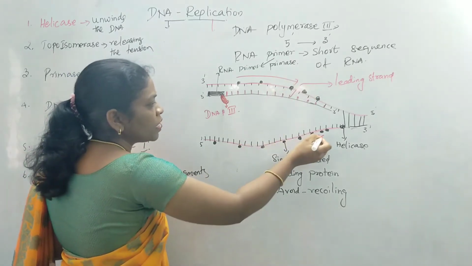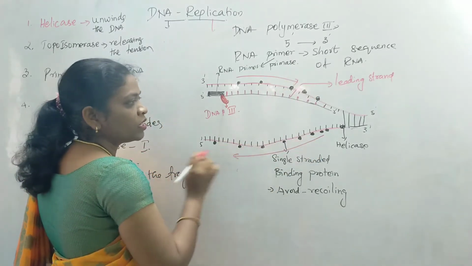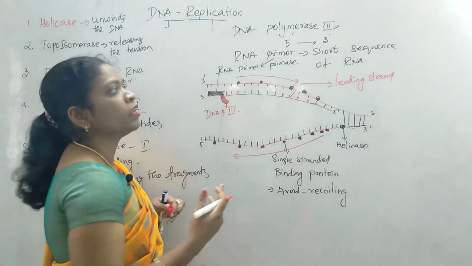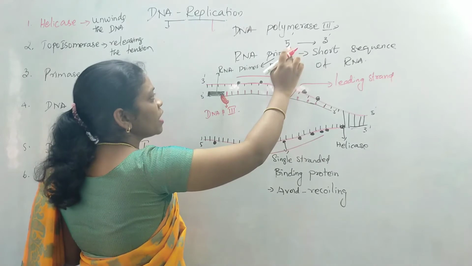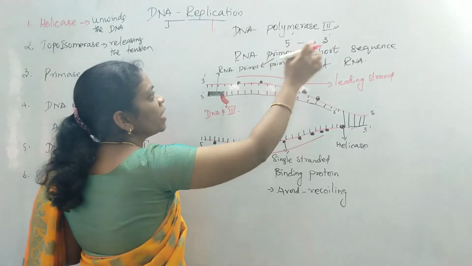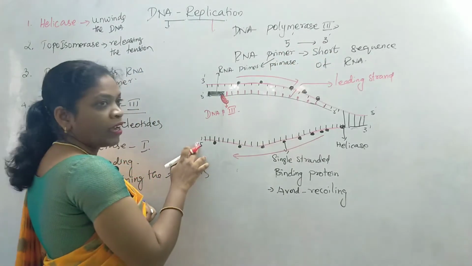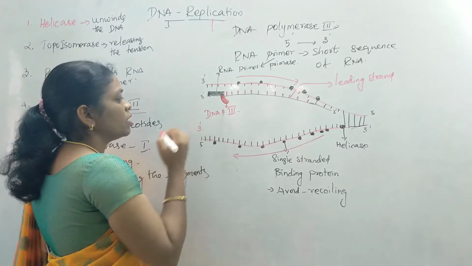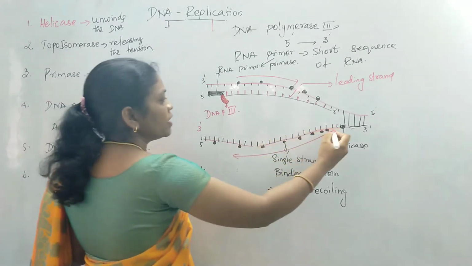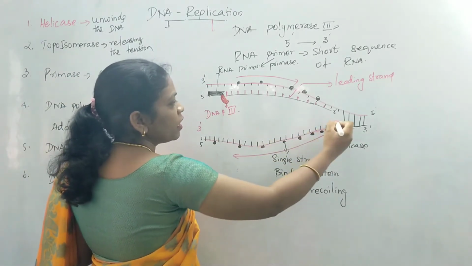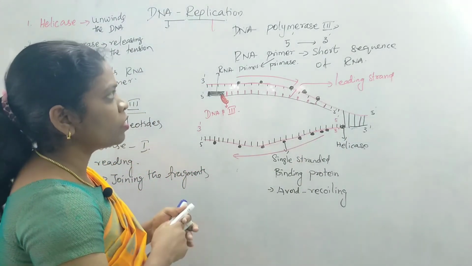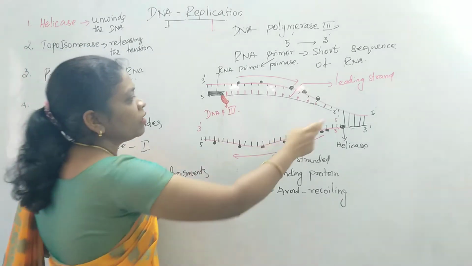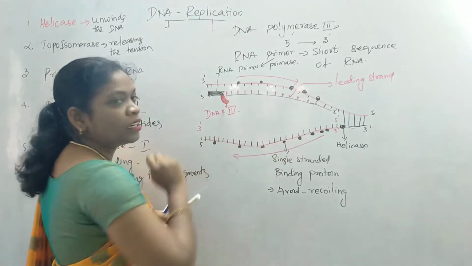The formation of the new strand will be in the opposite direction in the other strand because, as we already know, the DNA polymerase 3 can add nucleotides from 5' to 3' direction. It is 5', so the opposite polarity will be 3'. Here consider this as 3' end and here, the opposite polarity, where they start from the 5' end. As we all know, it adds nucleotides from the 5' direction to the 3' direction.